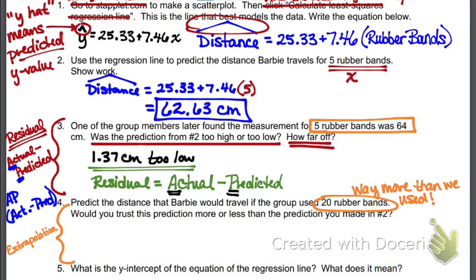And then I want to be able to write this out as a sentence. Think about if you were writing, oh, our predicted value was this, and this is what we actually found. So I would write this out in sentence form by saying that our prediction, or our predicted value, was 1.37 centimeters too low.